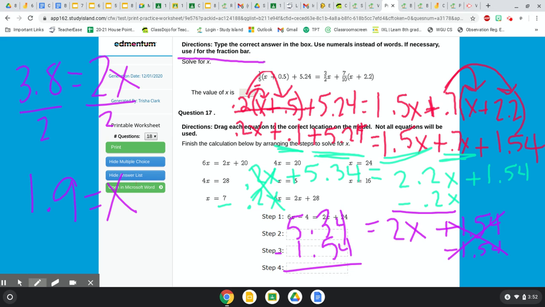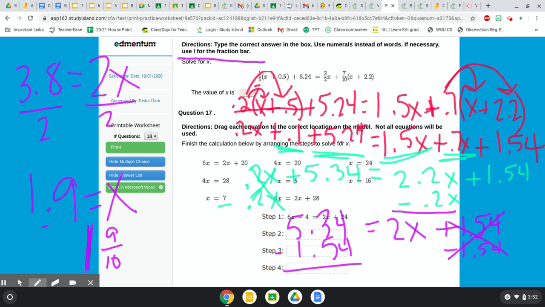Well, I don't have a fraction, and that's okay, but I need to convert that into a fraction. So remember, if you can read a decimal, you can write a fraction. So I would read this correctly like 1 and 9/10. So 1 whole and 9/10. But whenever you have a mixed number, like this 1 whole and a fraction, it's not going to let you type in like 1 space 9/10.